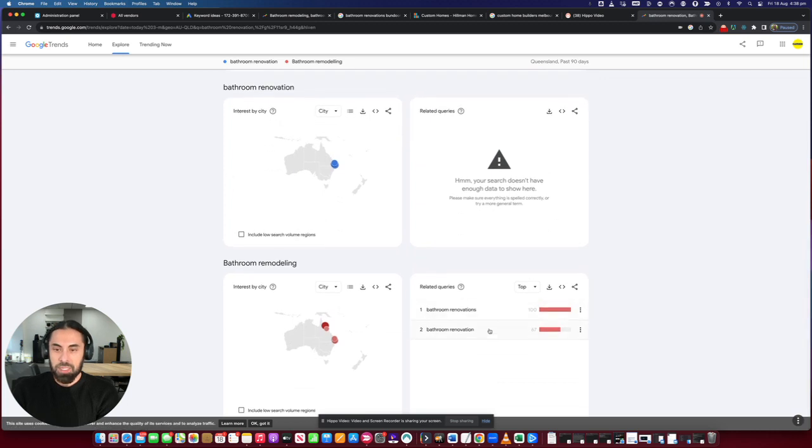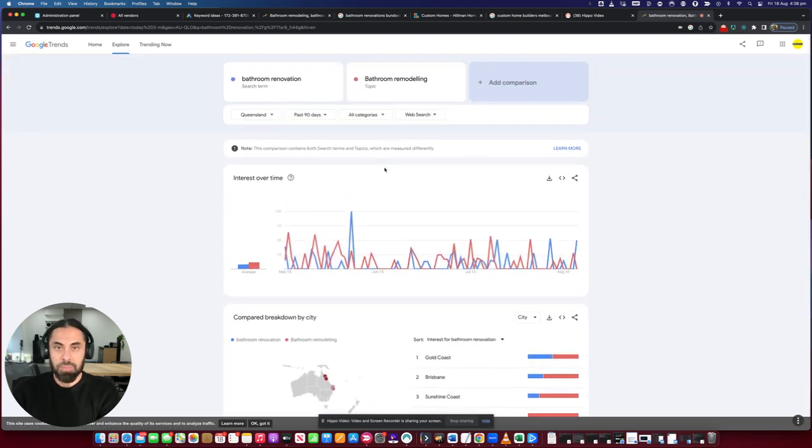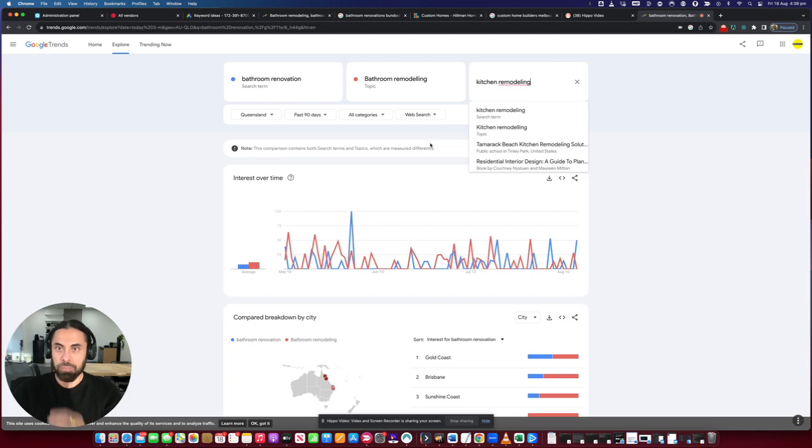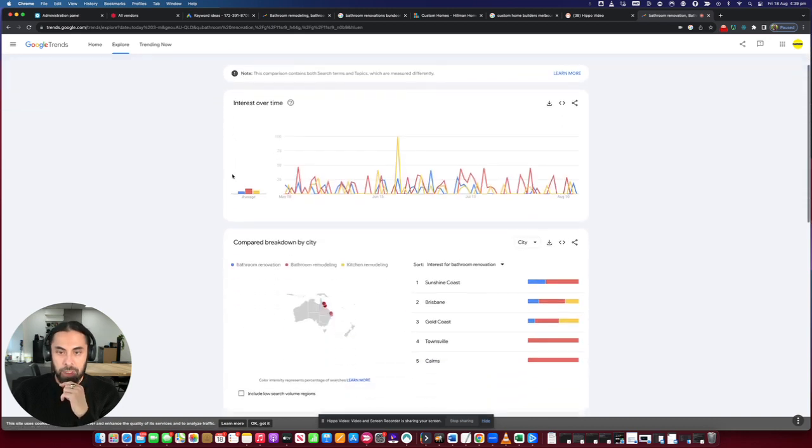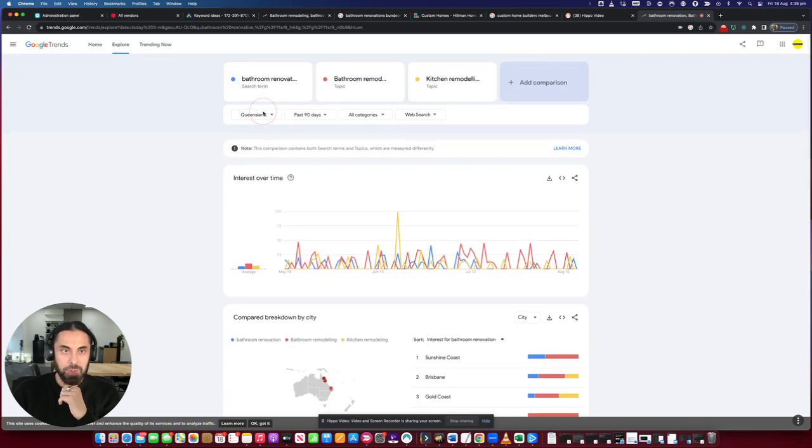So these are the keywords that Google seems to think is the most relevant. And we're just going to add another service here to see if kitchens might be getting more attention somewhere else in some cities. So let's have a look at kitchen remodeling and see what we get. The topic itself. And we're going to go back to Australia.